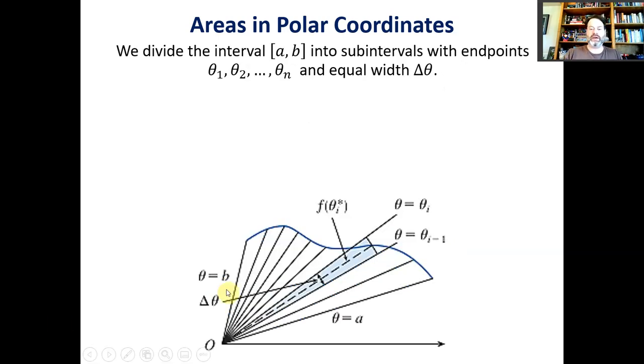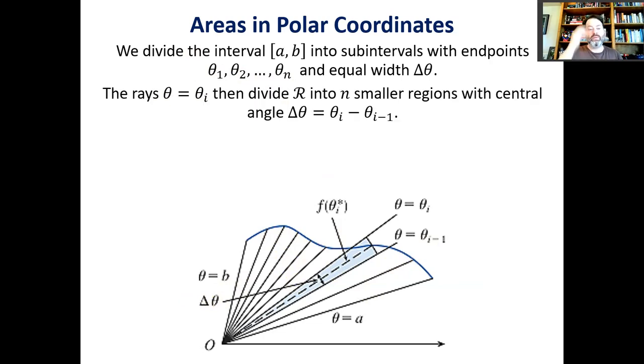So then we take this big region and break it up into subintervals. And the endpoints are these thetas, because we're going around this way. And they're all equal width, they're all delta theta in width, meaning the angle measure is equal. These rays divide R into n smaller regions, and the central angle is, for example, theta i minus 1.